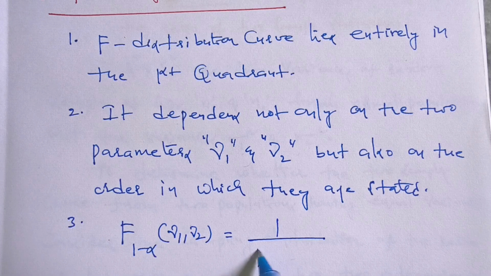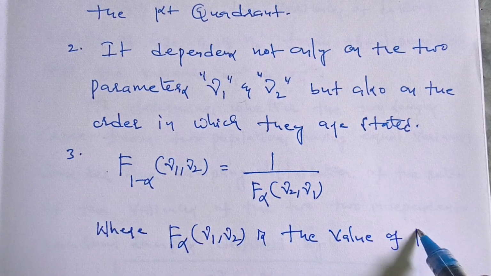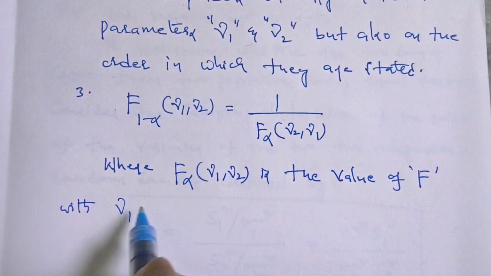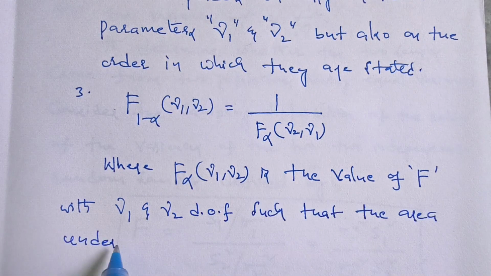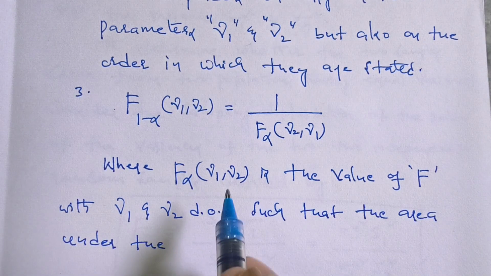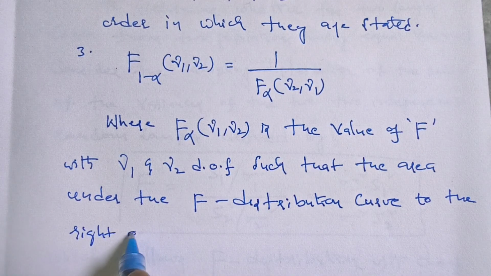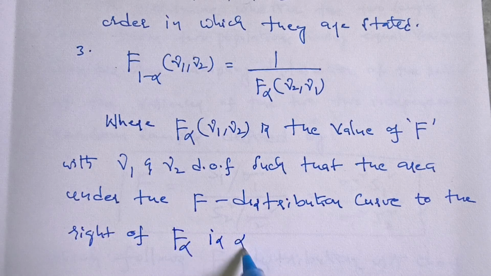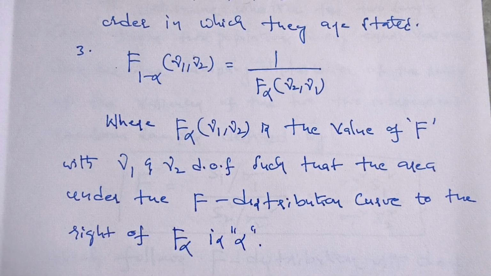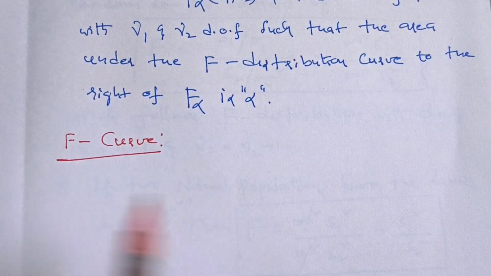Now we have another formula. The third point is F suffix 1 minus alpha, nu1 nu2 equals 1 by F alpha, nu2 nu1, where F suffix alpha, nu1 nu2 is the value of capital F with degrees of freedom nu1 and nu2, such that the area under the F distribution curve to the right side of any value is alpha.